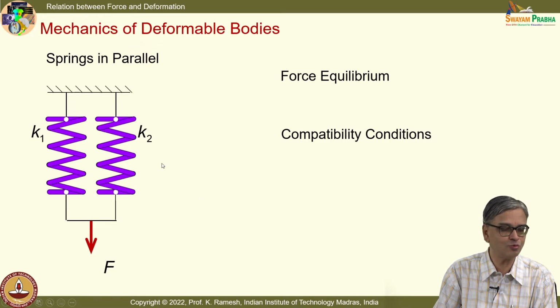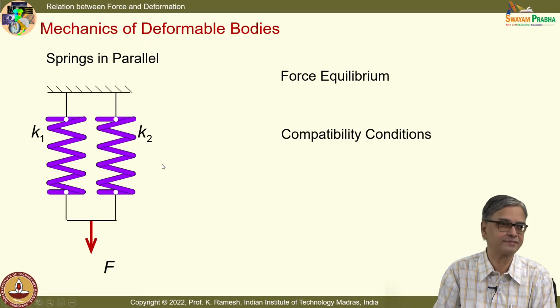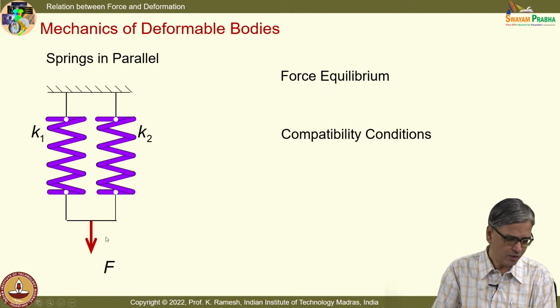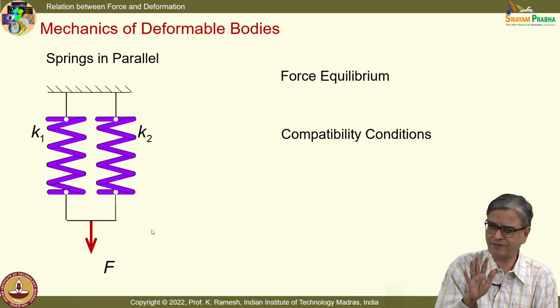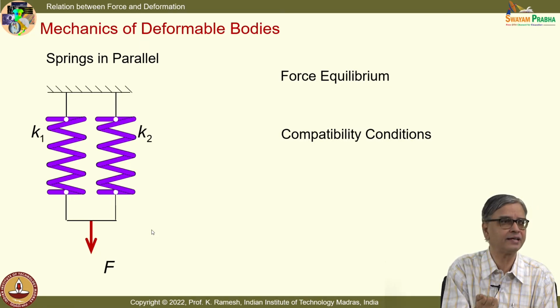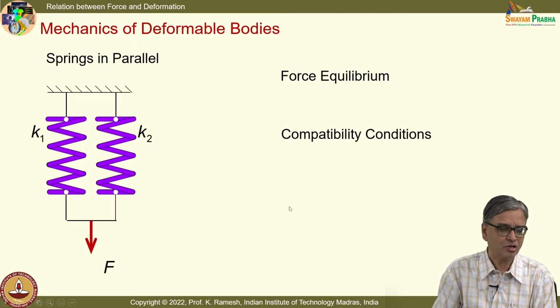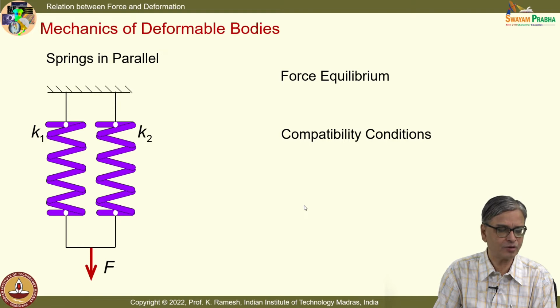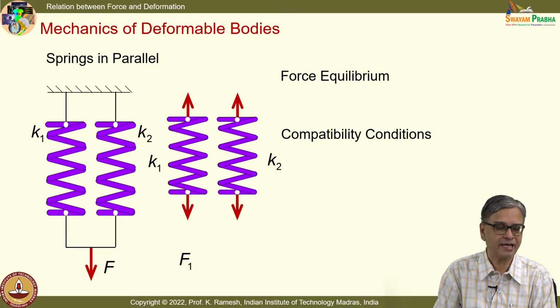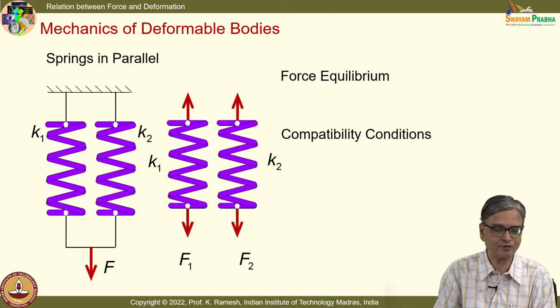I have two springs in parallel. Now, I pull this in a manner that this horizontal bar remains horizontal. It does not deflect. Okay, I am pulling it in that manner. So, when I pull it in this manner, what happens? I can look at the free body diagram of each individual spring. I can have a force acting on it.